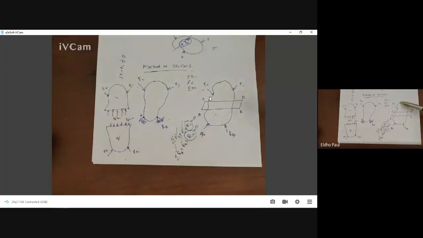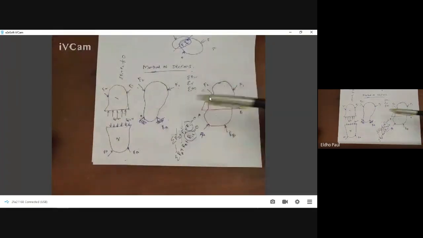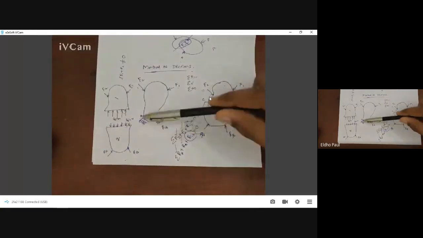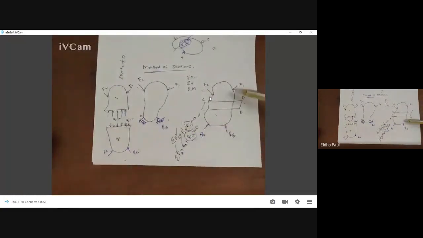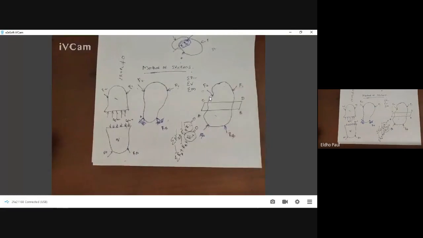And this diagram is called a free body diagram. Here we remove all the supports, and we replace the supports with the reactive forces Ra and Rb. This diagram is called a free body diagram. So this method is called the method of sections. From the method of sections, we can calculate the resistant internal force.